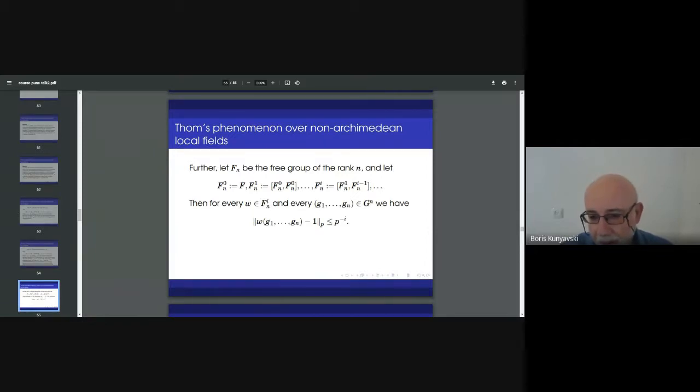So for any group, here SL1(D) is an arbitrary compact group in the p-adic case, and for any such group, it admits a word which behaves as badly as in the real situation discovered by Thom. Absolutely the same phenomenon.